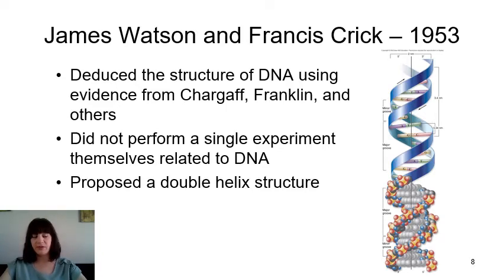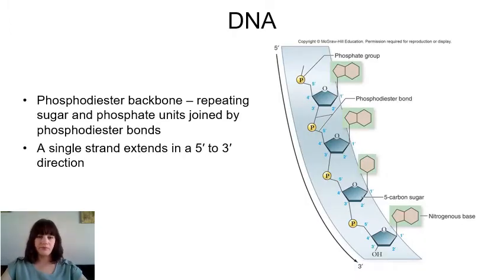The backbone of the phosphate groups and the sugars is shown with this blue ribbon, and then the nitrogenous bases are shown with the bars. So again, the sugar and the phosphates don't change between one base and the other, and they are what form the backbone of the DNA.